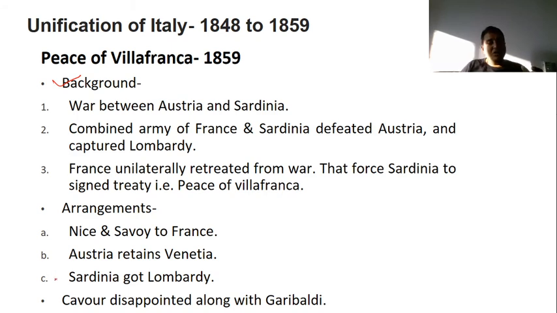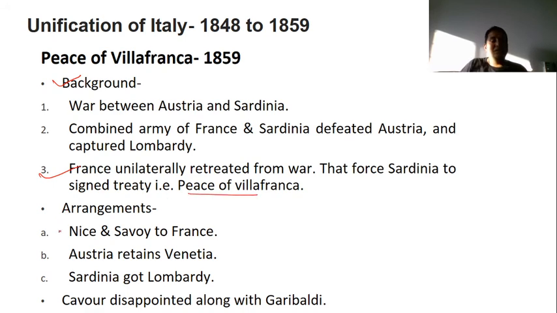Then France unilaterally retreated from the war, because what they were getting in return from Sardinia was too low compared to what they were giving Sardinia, that is Lombardy and Venetia, which was too much. Along with that, they feared enmity with Austria, so they unilaterally retreated from the war, and that resulted in the Peace of Villafranca.